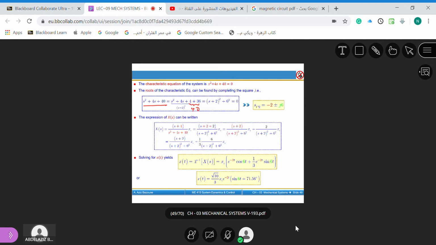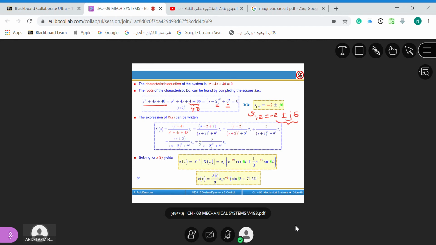If we solve this equation, you will find two poles, s1,2. The real part is minus 2, and plus or minus j6 is the imaginary part. So the poles are complex conjugates, with a real part and an imaginary part.